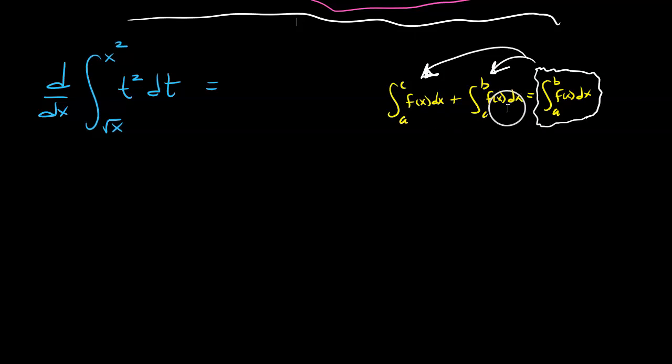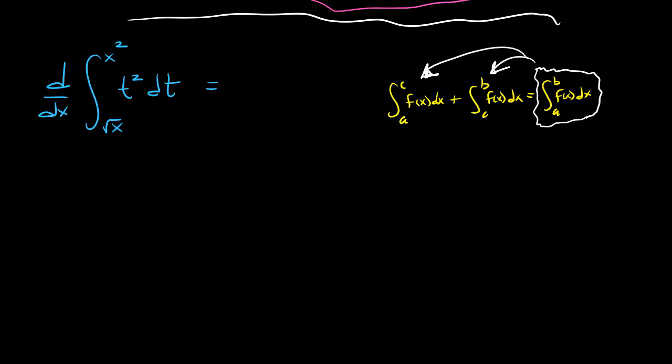The property I put was that we can take a single integral and split it up into two by choosing a number between them. Now the part of this that doesn't seem doable is, how do you figure out a number between the square root of x and x squared when you don't know what they're worth? And that's actually the easy part, because you don't have to.